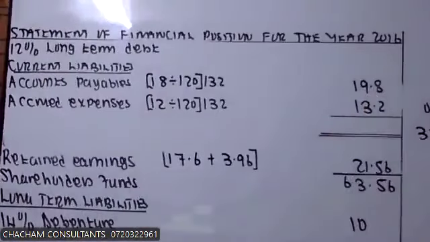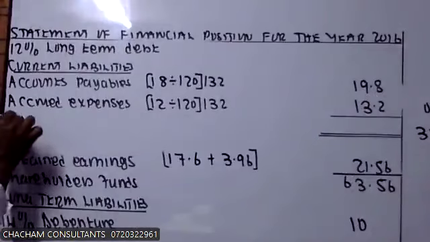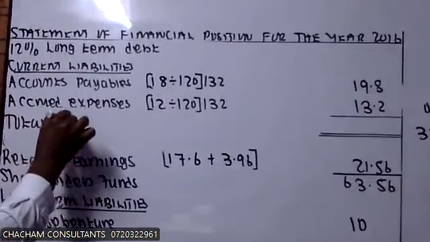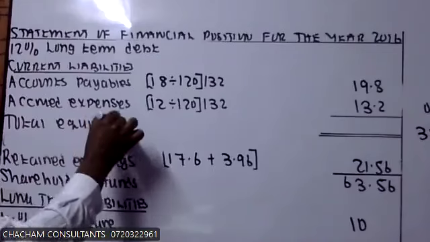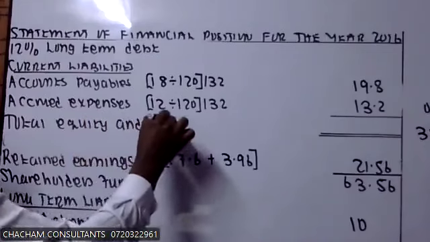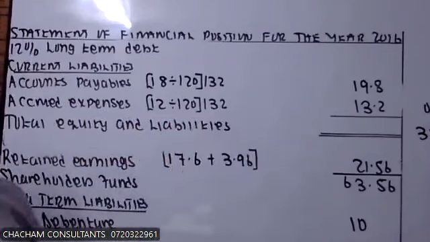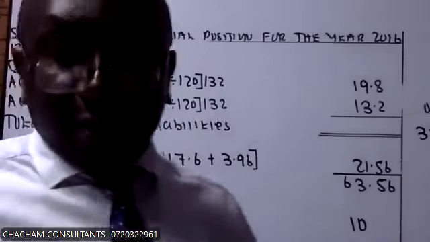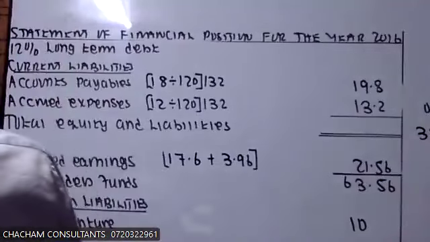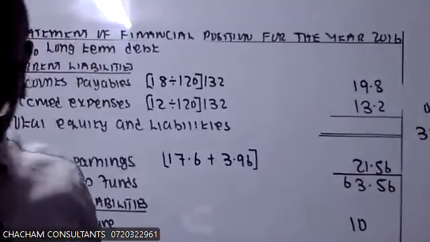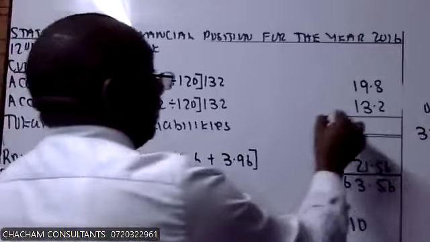Then we now say total equity and liabilities. We know that the figure must balance. The balance sheet must balance. So whatever we shall get, this should be 109.56.